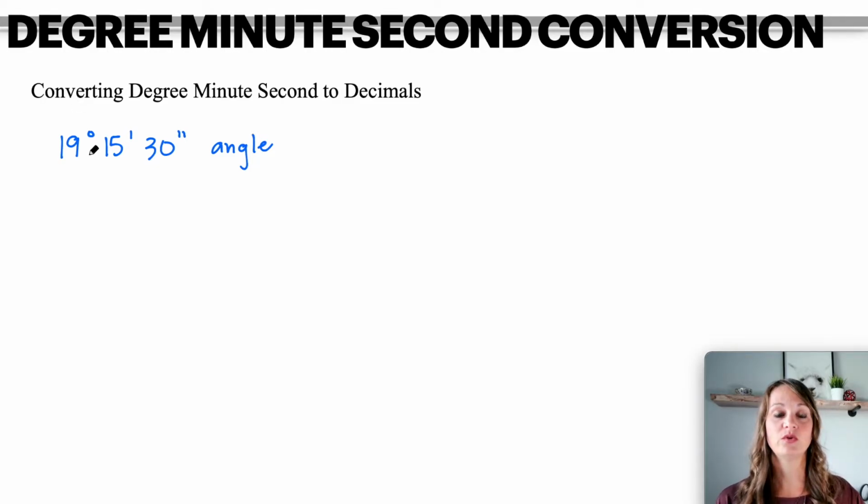Now, in order to put this into a decimal, your calculator actually does the conversion for you. So if you will get out your TI-83 or TI-84 calculator, I will show you how to convert this type of angle into a decimal.